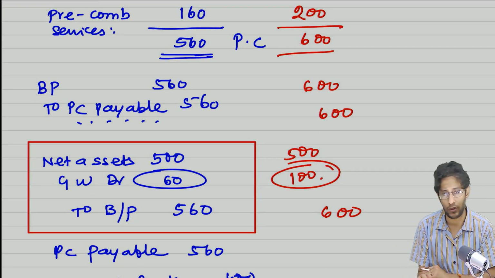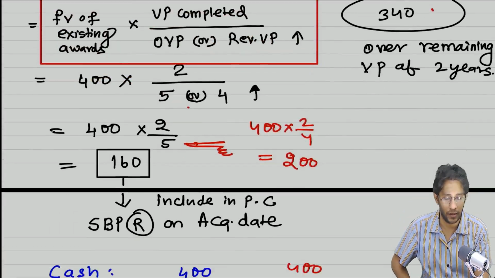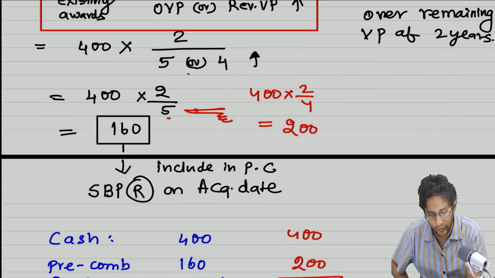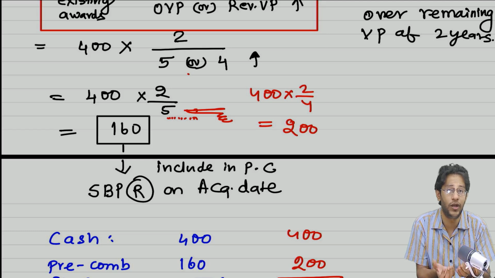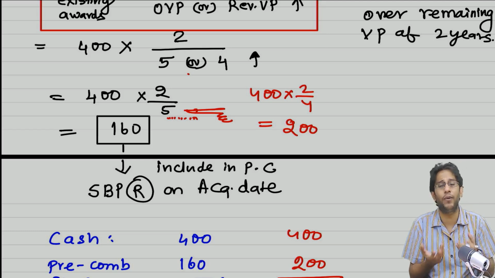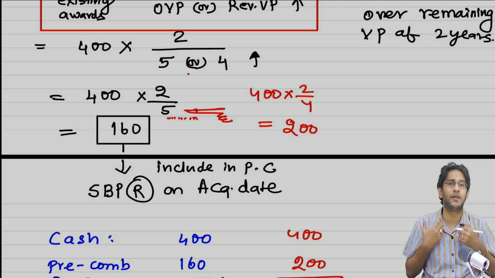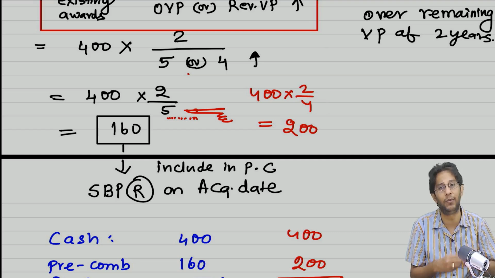So if you take a lower number in the denominator, then your pre-combination services value will be higher. How will you value the services component, sir? What is the worth of services received? You do not know. That is only an arbitrary number. It can't be reliably measured.